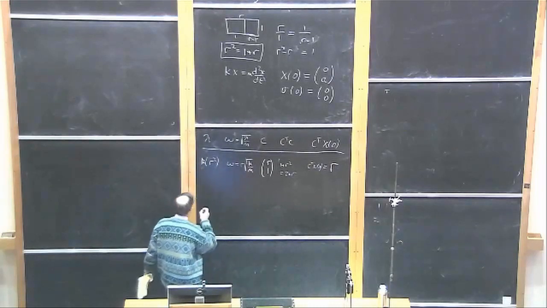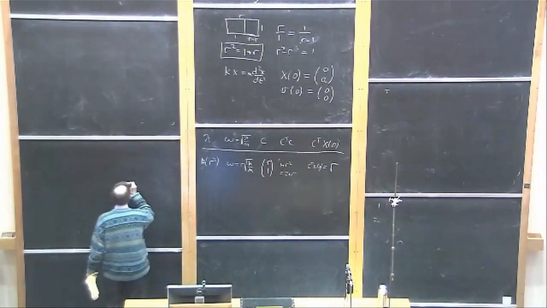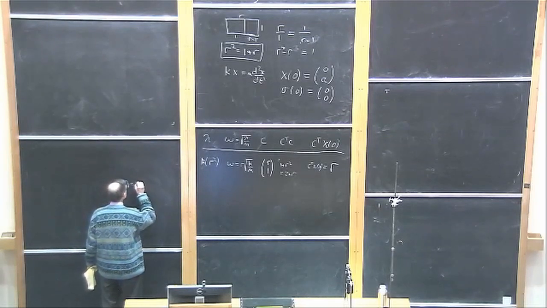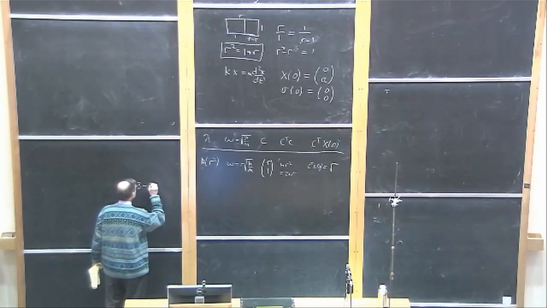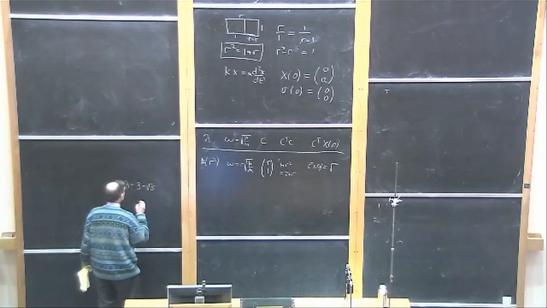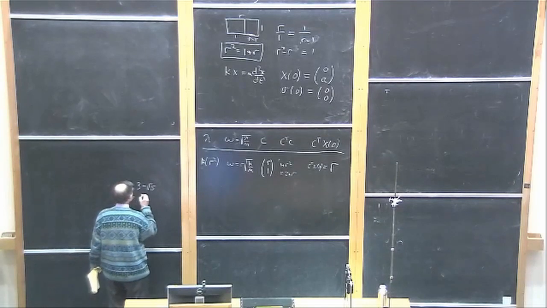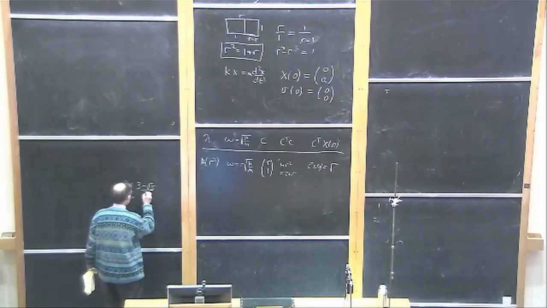The other eigenvalue is lambda is 3 minus root 5, over 2.